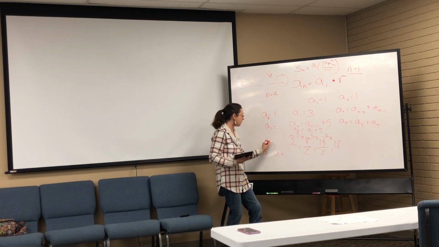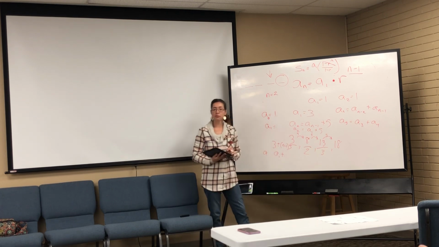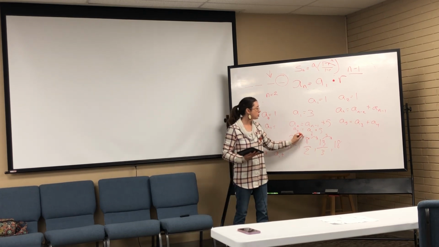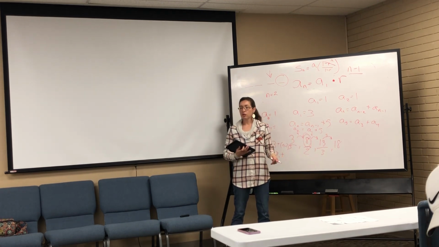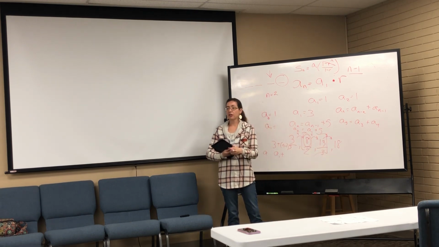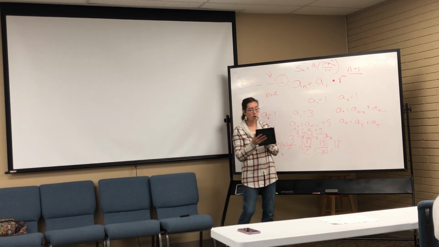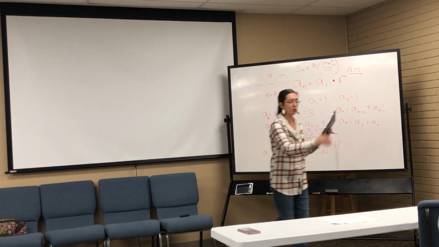So I would have 3 plus n minus 1 times 5, right? Because that's my jumps. My recursive sequence says just take that term and add 5 to it. So we've broken it down into a smaller section relating the terms to each other. Okay, that's all that it means for this.